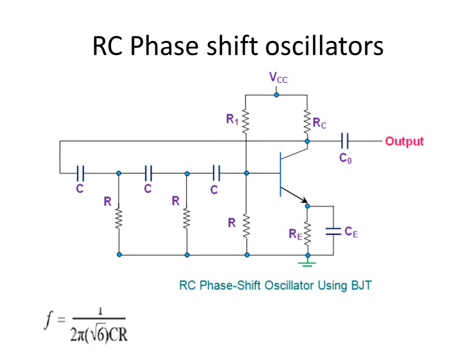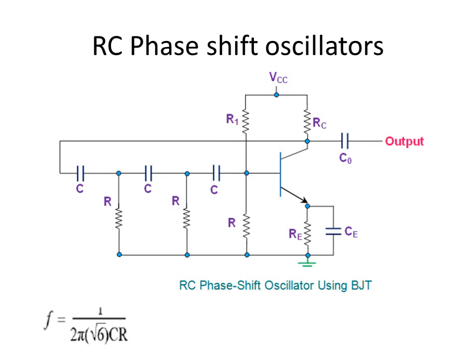Then the transistor will again make a 180-degree phase difference, so that it makes a total of 360-degree phase difference, which will ensure positive feedback. That is how we do it. We don't have an LC tank circuit here because the RC network itself provides oscillations, and the selection of R and C will ensure a 60-degree phase difference in one branch.